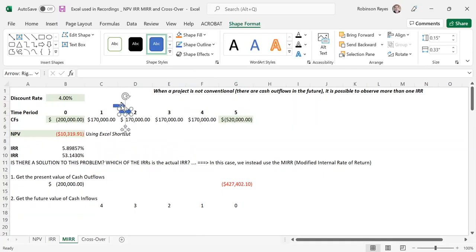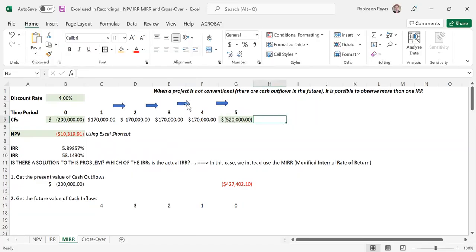That's one period. Period 3, another period. Period 4, another period. And finally, we get to period 5. My whole point is it's just 1, 2, 3, 4 periods, not 5 periods. Why? Because we are already 1 year from now.